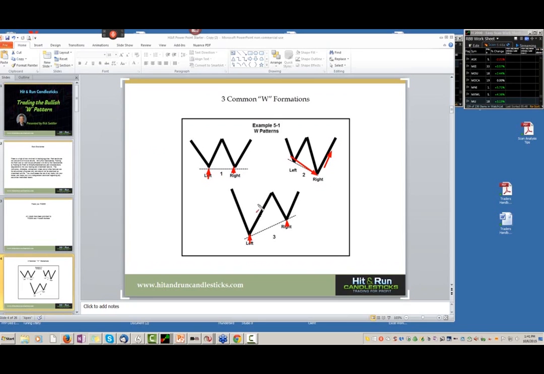These are two of my favorite. There's not any one of these two that is more of a favorite. They're both equal as far as being favorite. The whole idea is we have this low, and then we have a higher low or double bottom low, and here we have the higher low. And again, that's my least favorite.